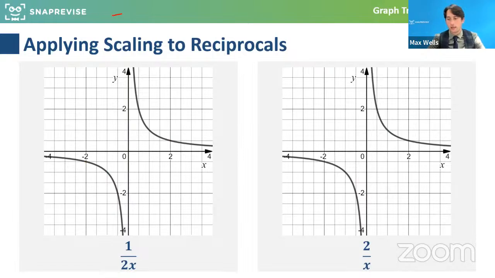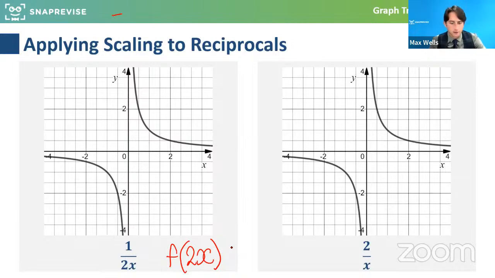So now we're going to look at some scaling. So this is another way of transforming graphs. And this one, we can think of it as f of 2x, which hopefully we recognize as a kind of squash or compression in the x direction by a factor of a half. So the way I always teach it at GCSE is inside the brackets, do the opposite to x.